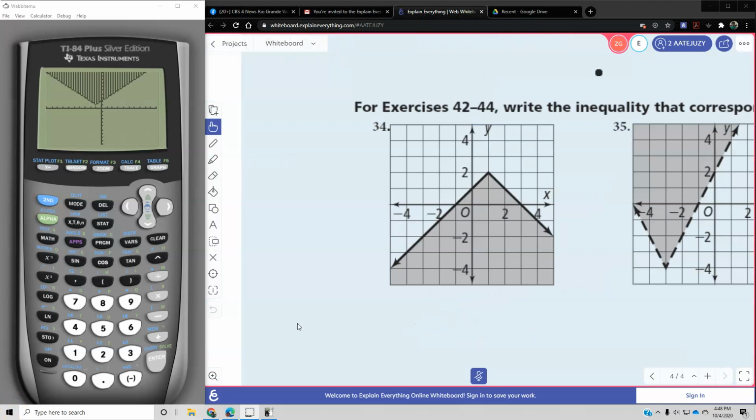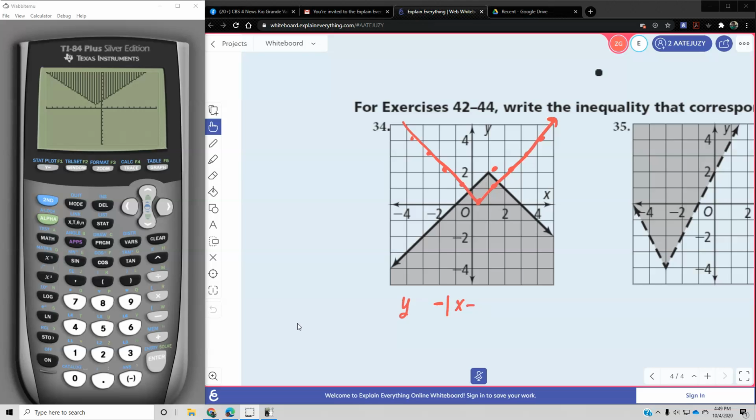34, the parent function is right here. That's a parent function. You notice there's a reflection. So you have y, so it's going to be a negative absolute value. The vertex is up here, so it's going to shift to the right.